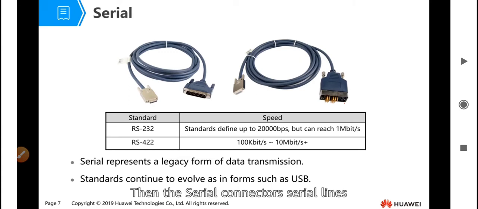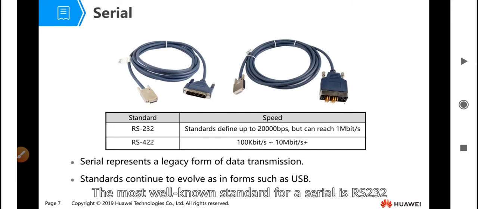And then the serial connectors, serial lines. The serial has a long history. It was introduced about 50 years ago. The speed of serial lines is low, and the distance is short.